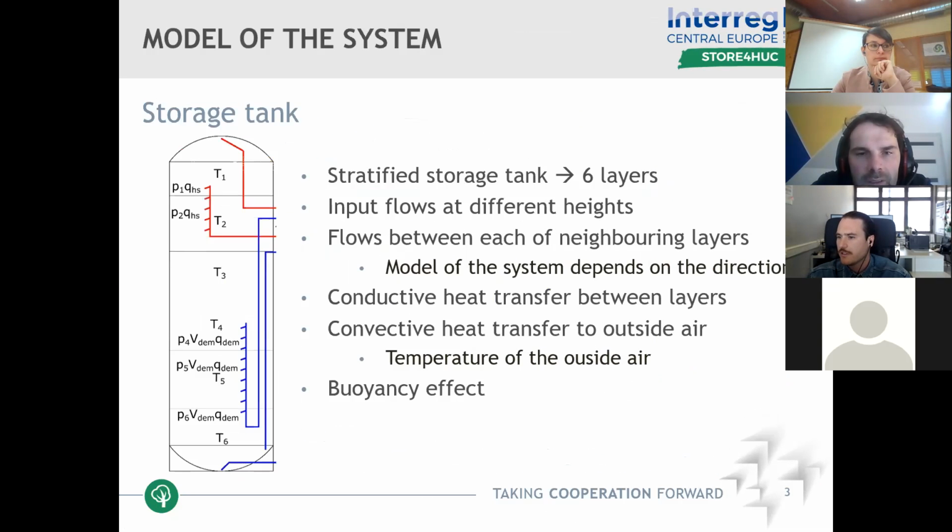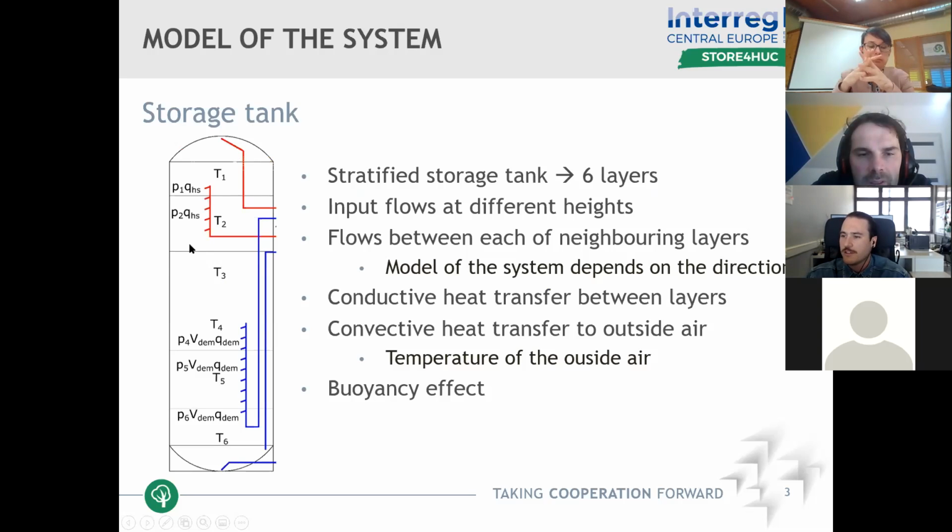So first, the storage tank. As I said, it's a stratifying storage tank, and it has input flows at different heights, so it's spread out differently. Also, we modeled flows between each of the neighboring layers. Because this flow comes in layer 2, it pushes water to layers 1 and 3. But here, the water is taken from layer 1.